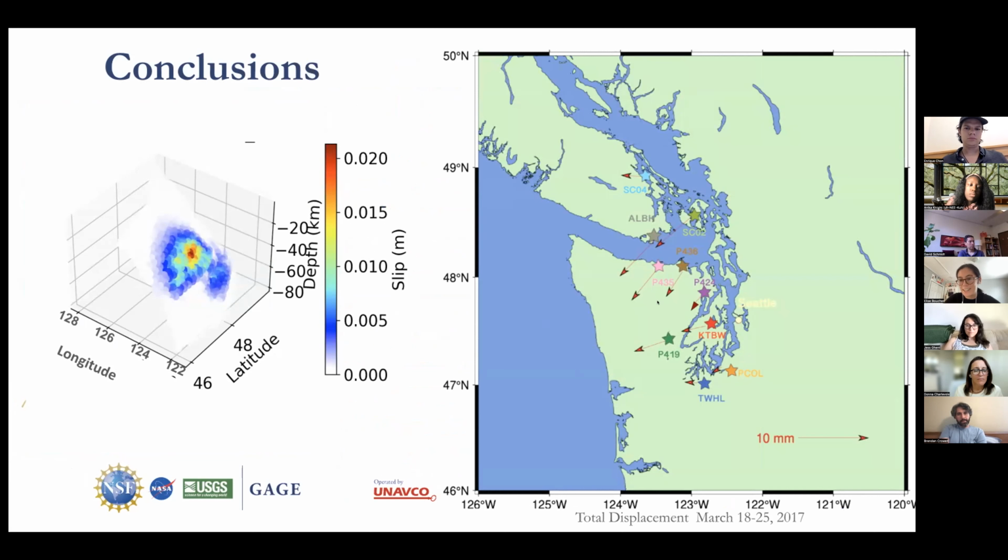So we see that the stations are moving southwest as opposed to their typical eastward movement. So based on these movements, we were able to generate a slip model of the subducting slab to see how much slip occurred, as well as the depth at which it was slipping.